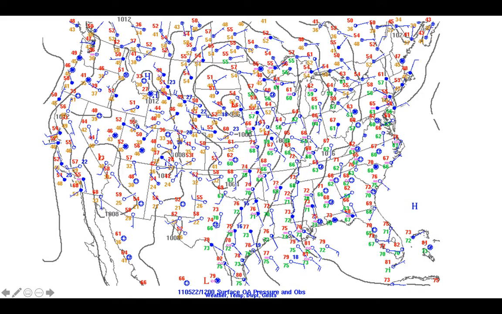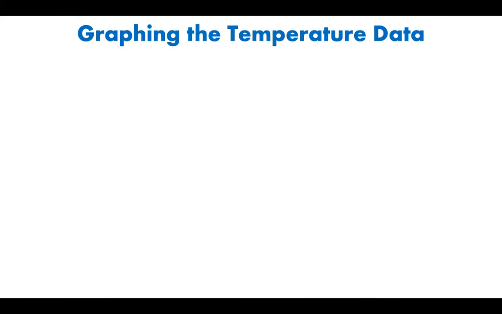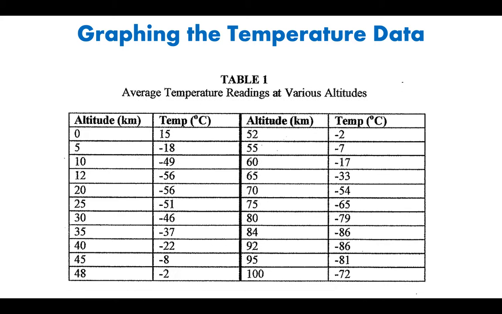And as we start our study of weather maps, you'll actually be able to read this and make more sense of what it means. So what I would like for you to do now is to take out your graphing the temperature of the atmosphere worksheet, and you will see that you have a quick introduction as well as directions. Please familiarize yourself with those. Then I want you to be very careful.